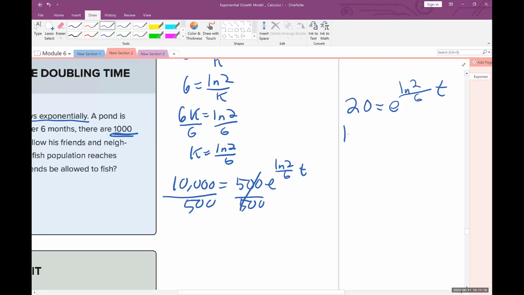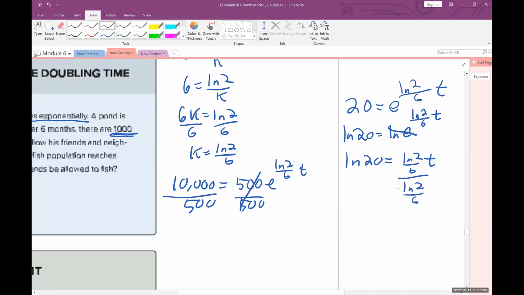Natural log, very good. Natural log of 20 equals the natural log of e to the natural log of 2 over 6 times t. This part cancels. So it's natural log of 20 equals the natural log of 2 over 6 times t. Then we can divide by the natural log of 2 over 6.